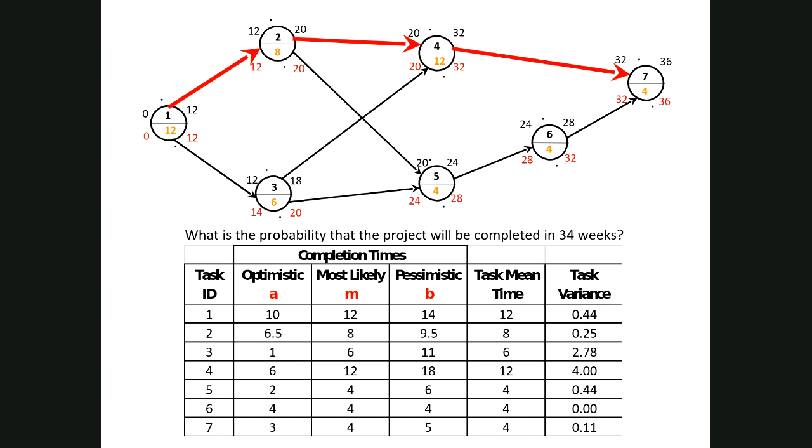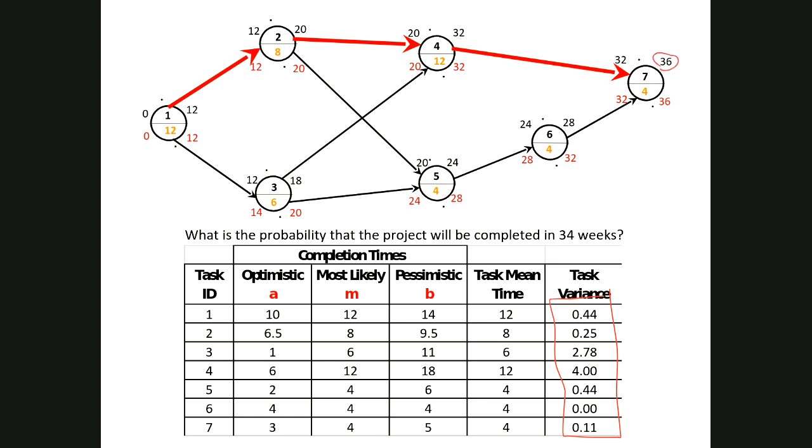And here are the respective variances for each task, and we're now going to use that information. We know that the average time in which our project can be completed is 36 weeks.